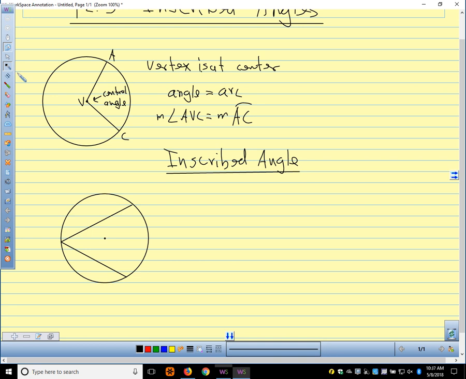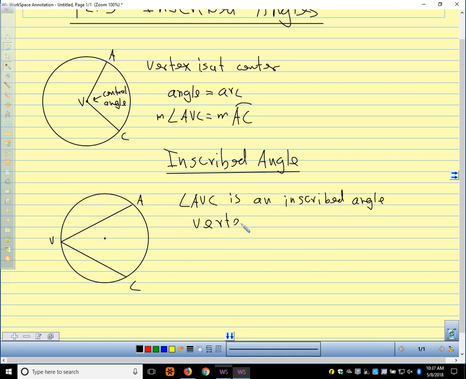And the picture that's in your flip book is not the second one, but the third one. And I'm going to label this like your flip book. So this is an inscribed angle. Angle AVC is an inscribed angle. The vertex is on the circle.